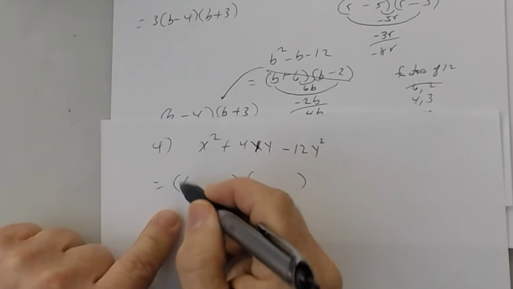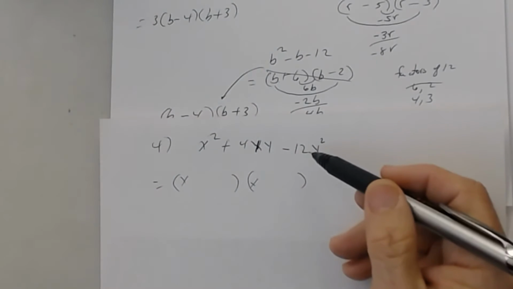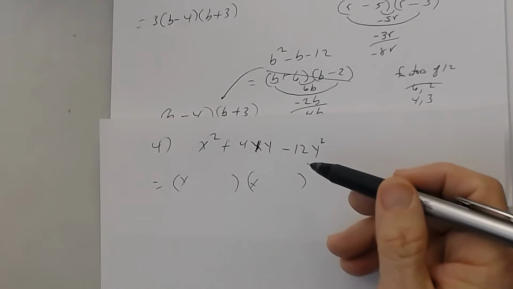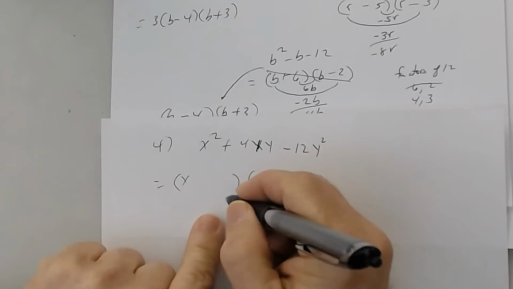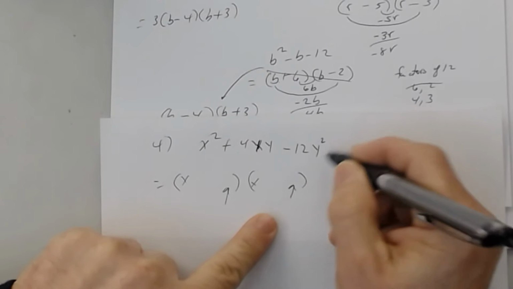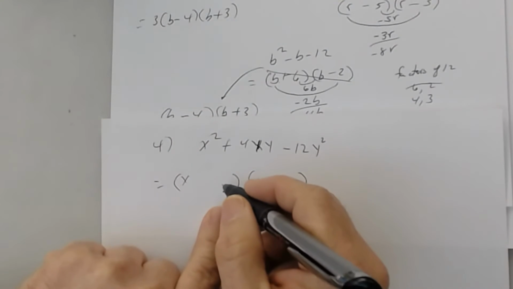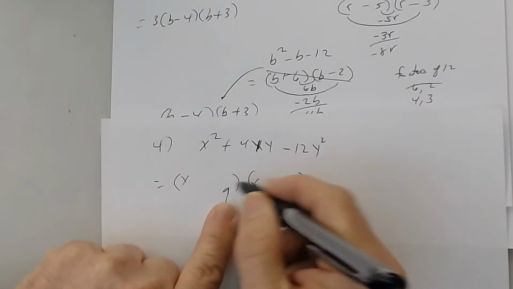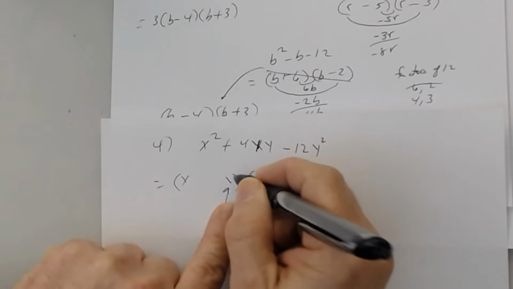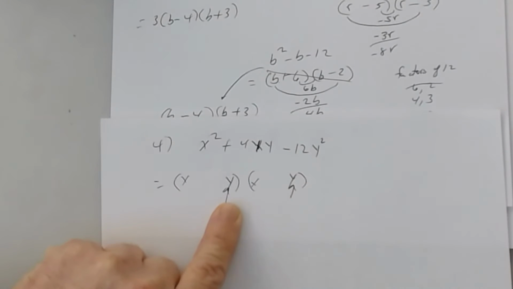X and x. All right, now you'll notice the y squared. So that means, remember, this last term times this last term gives me this, right? So that tells you that in terms of the variable, both of these better have what in it? A y. That's what that means. Y times y gives you y squared. So all you gotta do now is just deal with that negative 12. That's really what you're doing.